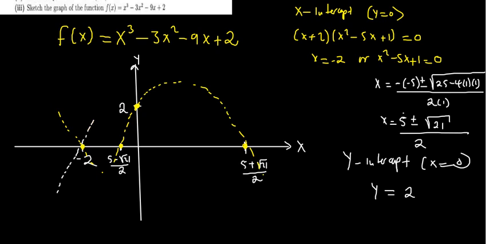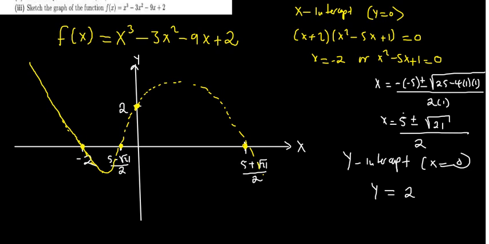But if it goes like this, can you notice that it will not pass through 2? So the function can't go like the white one. The function is going to be the one that I've put in orange, or yellow. So the sketch is going to go like that.